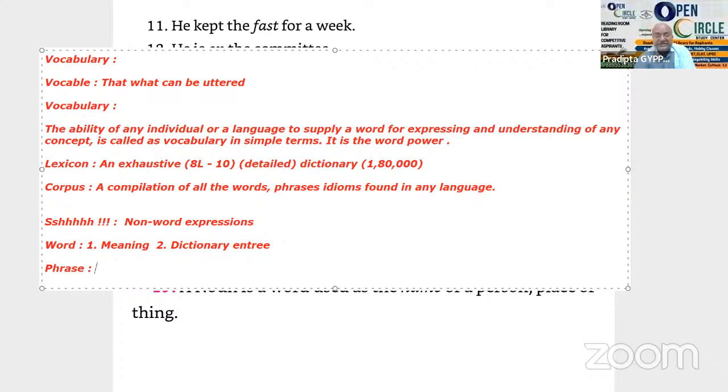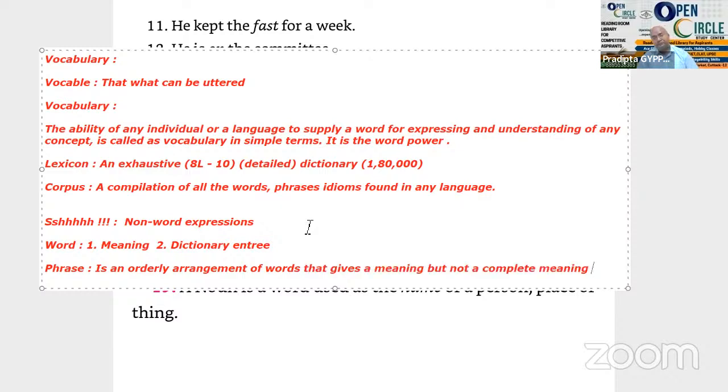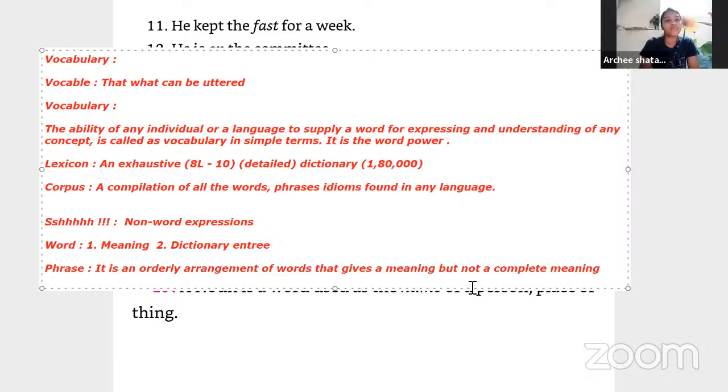A phrase is an orderly arrangement of words that gives a meaning but not a complete meaning. So, in a phrase, there must be an order, there must be an arrangement, which gives you a meaning.